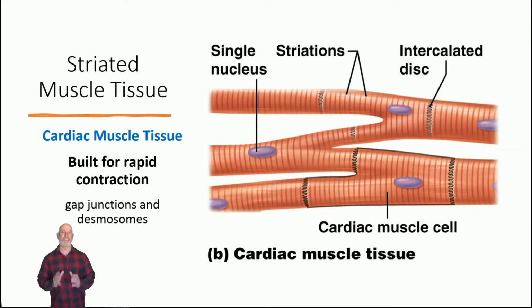Now remember, desmosomes are proteins that join cells together very strongly. Now you've also got gap junctions, which allow for the cytoplasm to communicate with each other. You have a mixing of a cytoplasm. So that means a signal in one cell can rapidly be transmitted to another cell. So all of these branching and gap junctions allow for these muscle cells to contract rapidly.